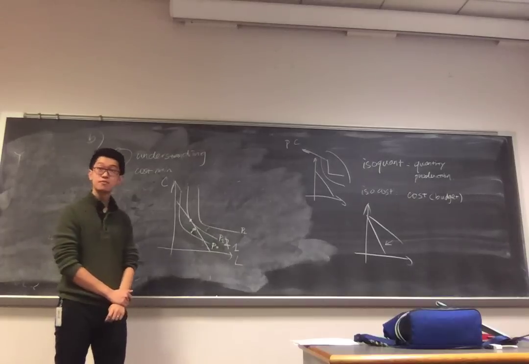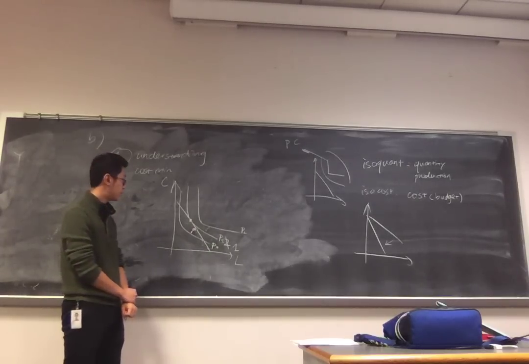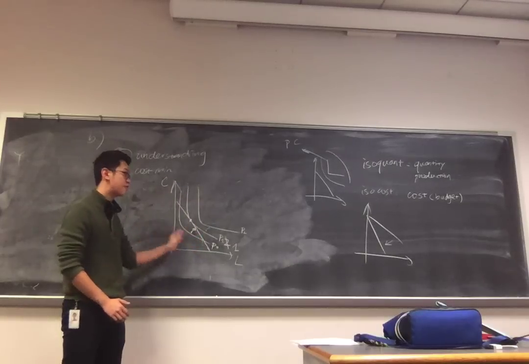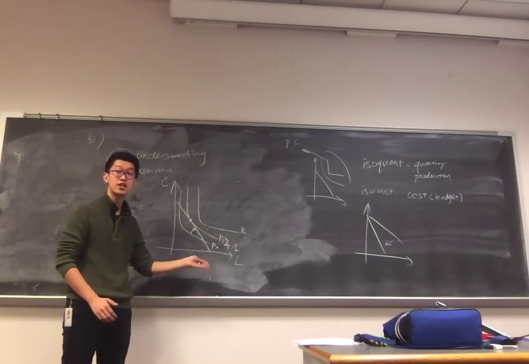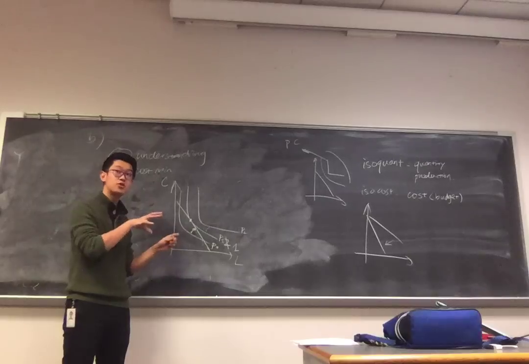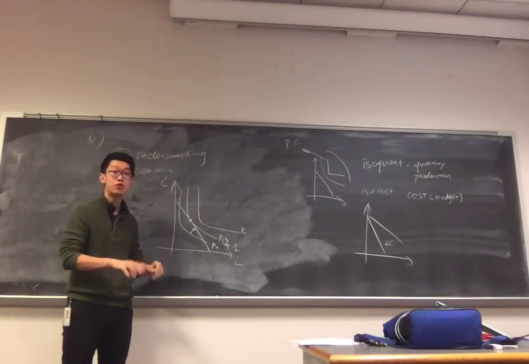Does that mean that your labor and your capital are both decreasing? Actually, because the shape didn't change, first, the shape of the isoquant didn't change, and then we assume your isocost didn't change, then the point you choose won't change. You are still using this labor and this capital, but producing less.